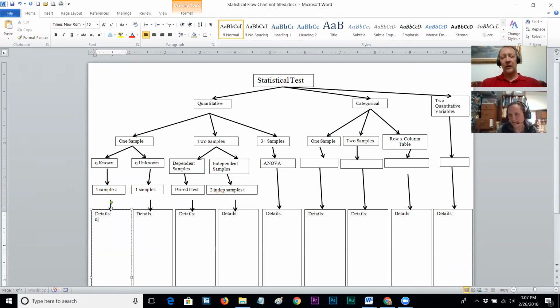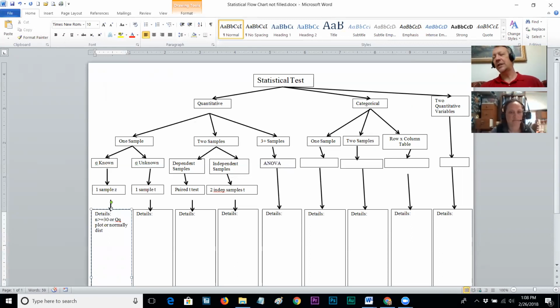You answered it correctly: n greater than 30, or a QQ plot, or it says that it's normally distributed.